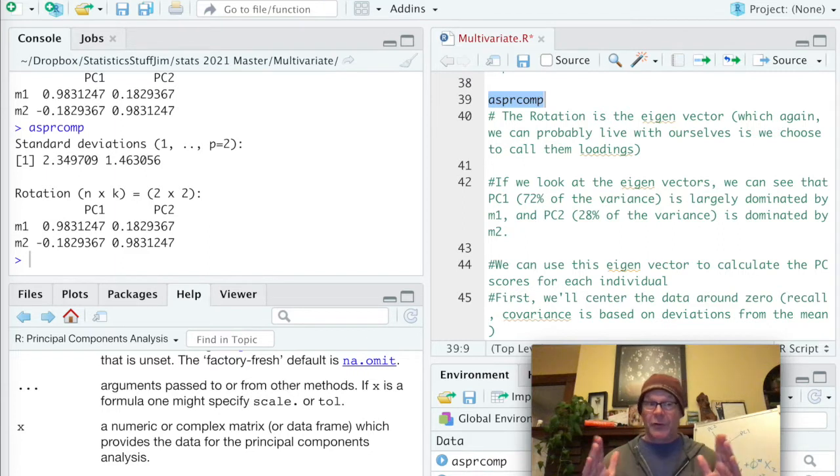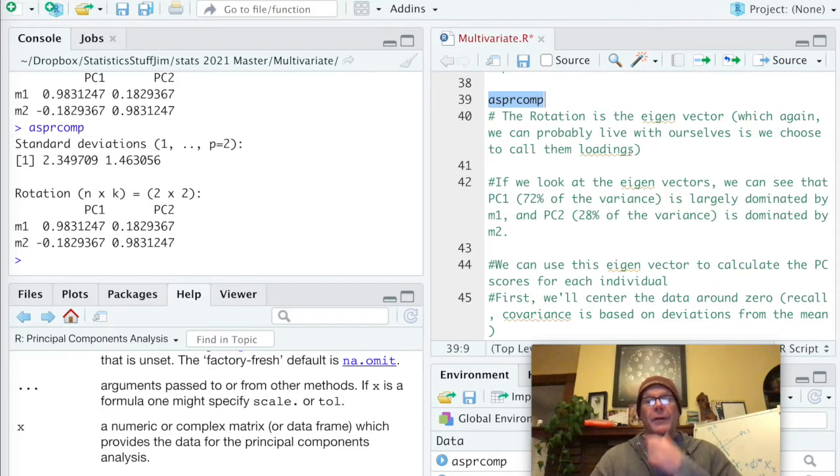The sum of those would be the total amount of variance in our principal components analysis. And we understand how to interpret these eigenvectors, the loadings. M1 is very important on PC1, and M2 not as important. Then once you get to PC2, M1 is not so important, and M2 is pretty darn important.